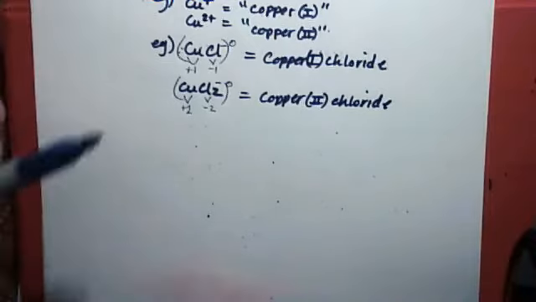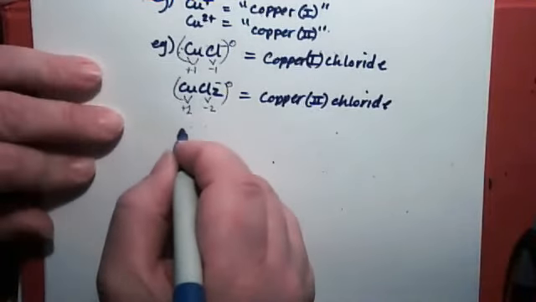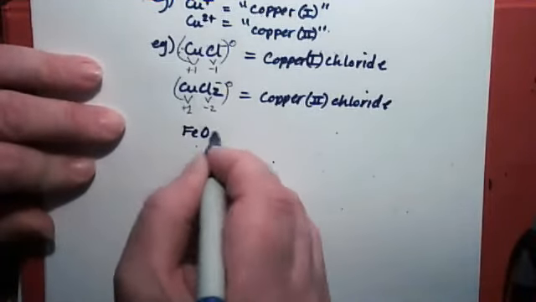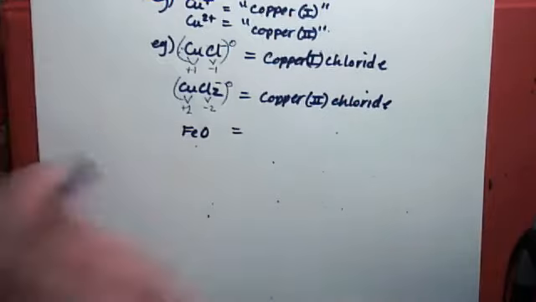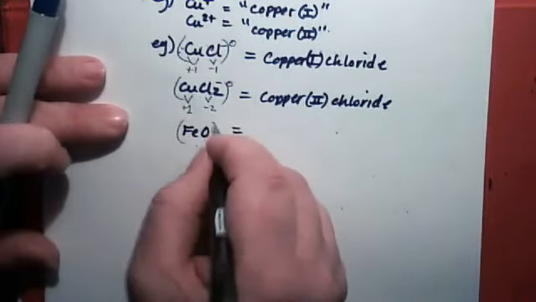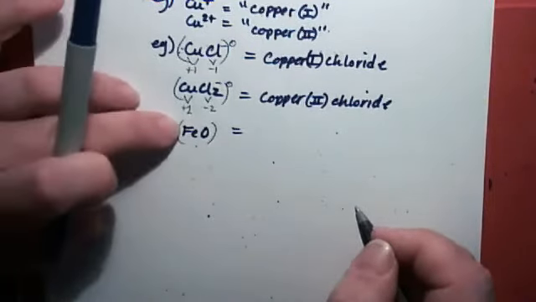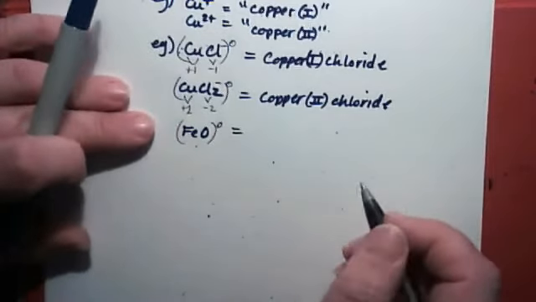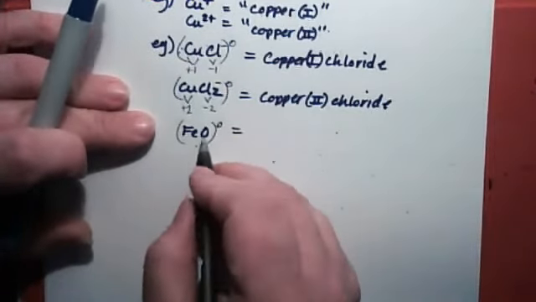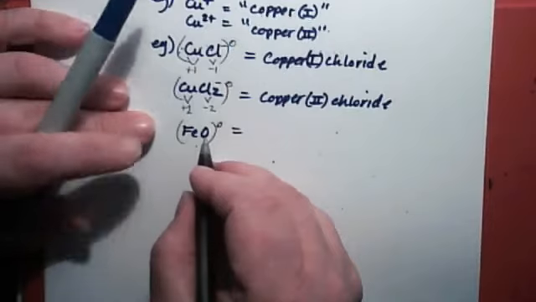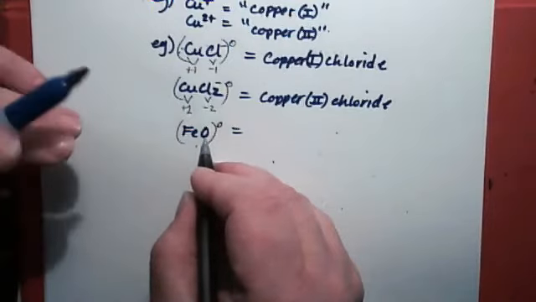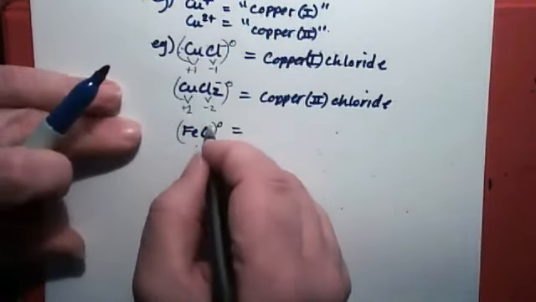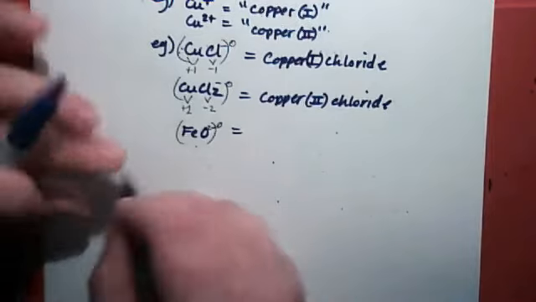Let's see. Another example might be FeO. It's some sort of iron oxide, but iron is a transition metal, so we have to specify the charge. Knowing that a compound would have 0 charge overall, and also knowing that oxygen, since it's in group 6, will take a charge of 6 - 8, which is -2.